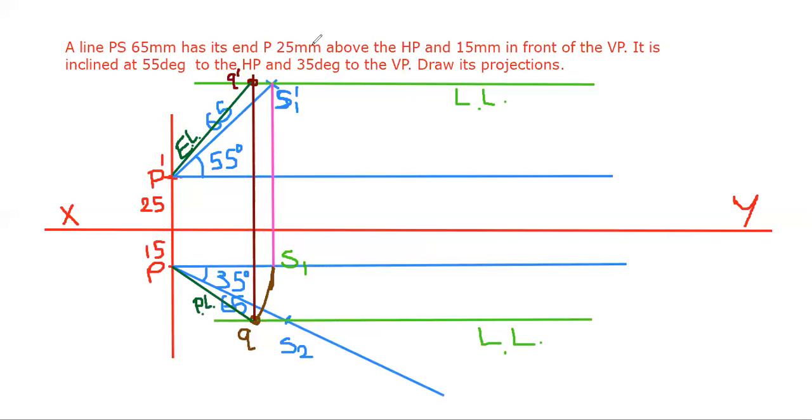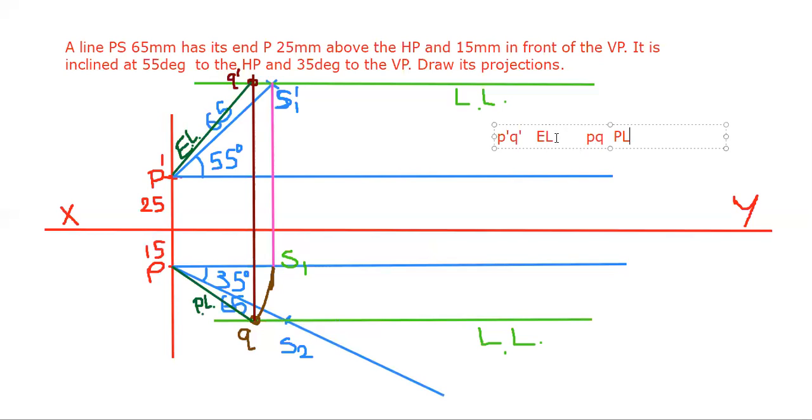So separately I can write here P dash Q dash, it is the elevation length, and PQ, it is the plan length.